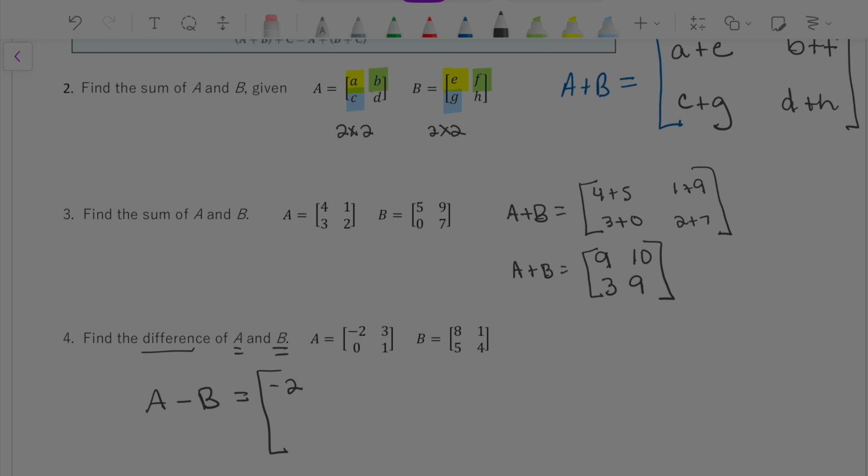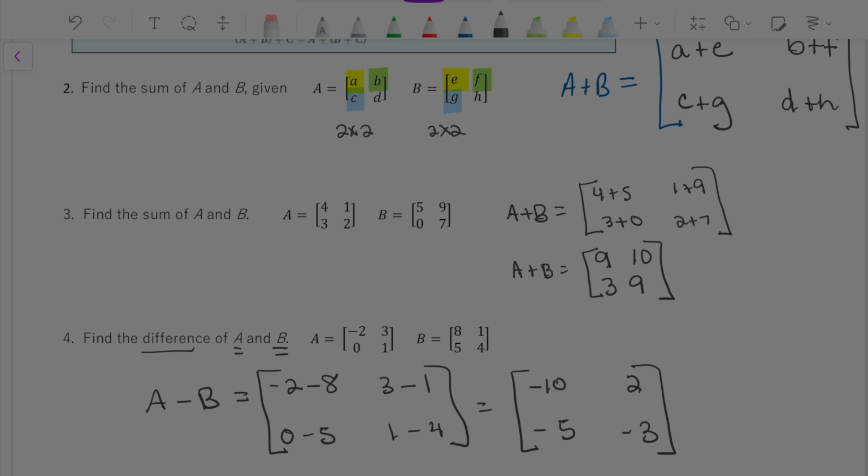It'll be negative 2 minus 8, 0 minus 5. Row 1, column 2, 3 minus 1, 1 minus 4. So in the end, we will get negative 10, negative 5, 2, negative 3.